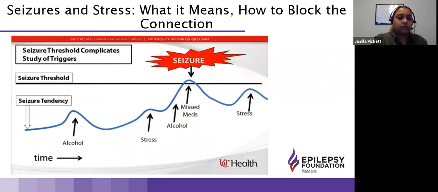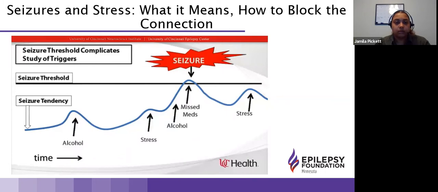Used to try to explain why stress doesn't always trigger a seizure, or why some things that can be seizure triggers don't always trigger one. If you look here, this line is the seizure threshold line. The blue line is the seizure tendency line. When things that increase the likelihood of seizures happen, that blue line gets up closer to the black line.